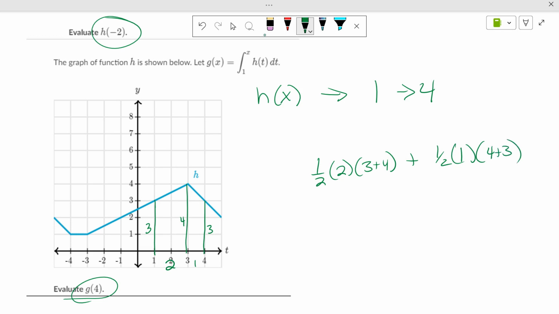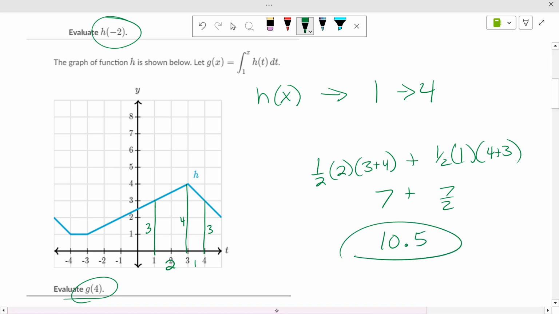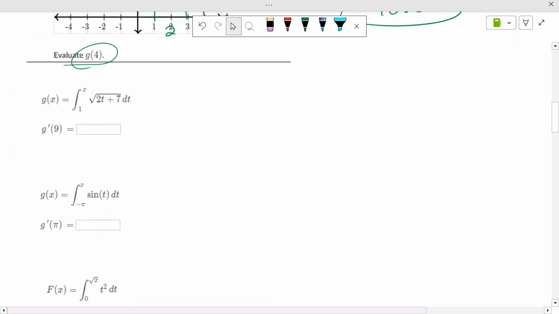Well, 1/2 of 2 is 1, so this is 7. The area under here is 7. The area under here is 1/2 times 1 times 7, which is 7/2, or 3.5. So you get 10.5. That's the area under the curve. That's what an integral finds, the area under a curve.